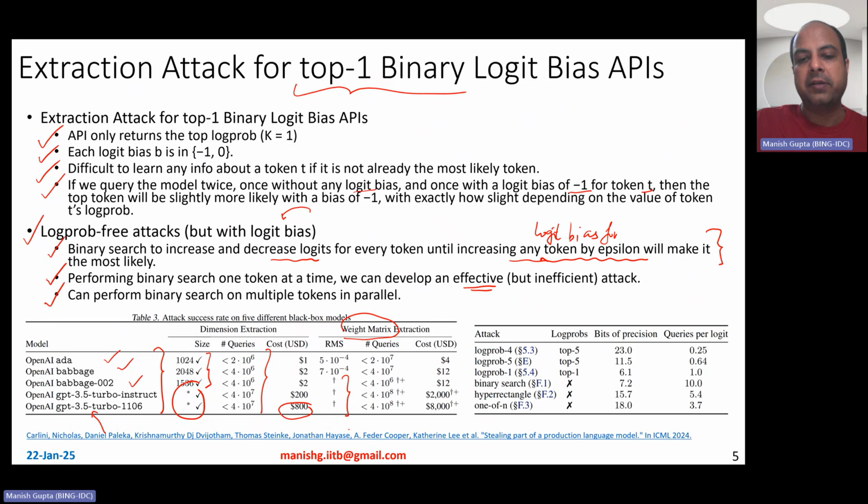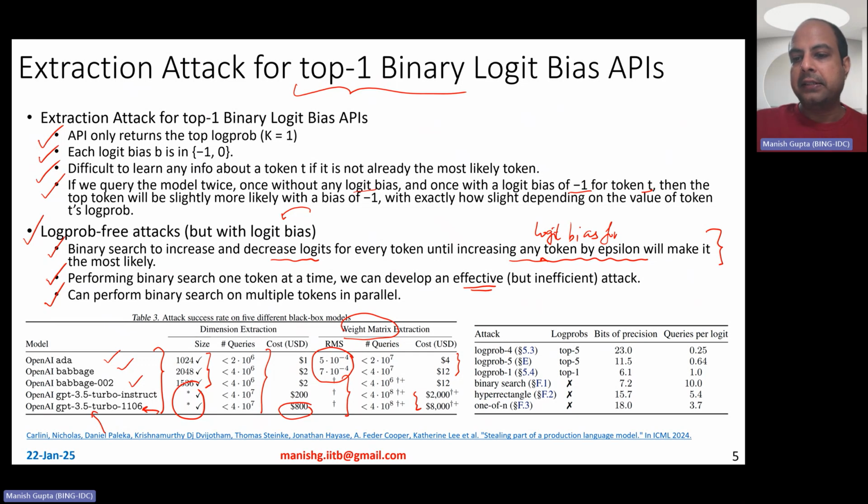They did not really get the weight matrices for these large models, but for smaller models, they were able to get the weight matrices with a reasonably small root mean squared error in very small dollar amounts. They estimate that they would require about $8,000 to get the weight matrix for this model. Of course, you can't do that anymore because OpenAI, after this work, stopped giving out log probabilities, and that is why you can't get the weight matrices that easily now.